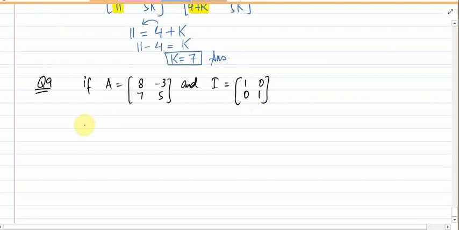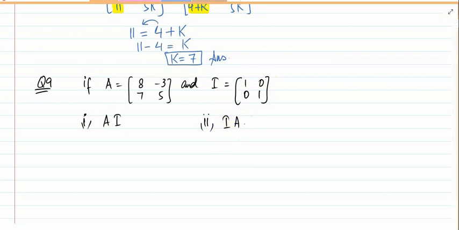In part 1 we need to find A into I, and in part 2 we need to multiply I into A, right?